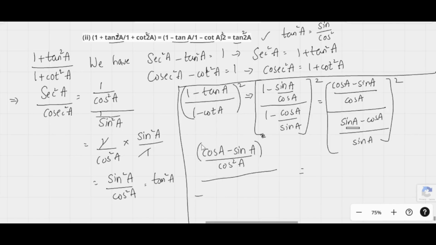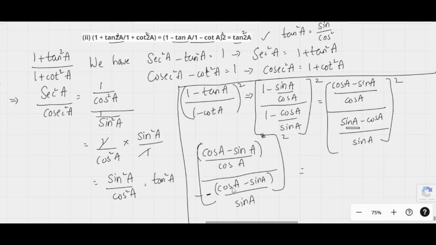I'm taking the full thing as square, so I'm taking minus out here. If I take minus out, it becomes cos A minus sin A, right? I'm taking the minus out from the numerator and also here, whole square. Done. So now minus, when it gets squared, becomes plus only.